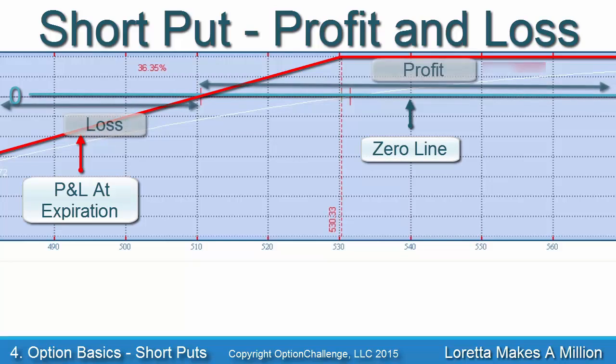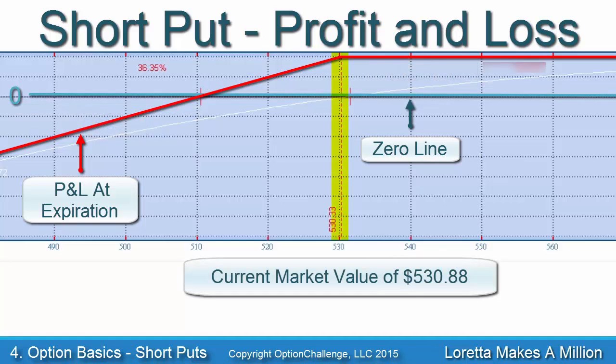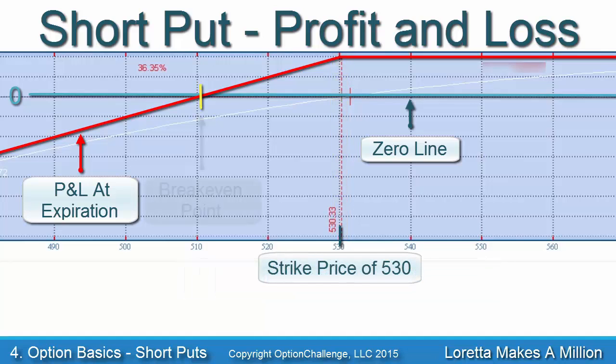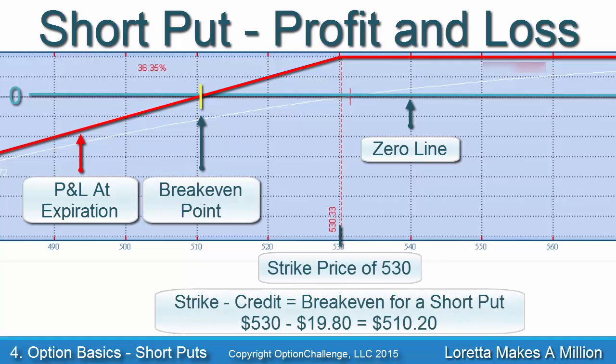Here is the zero line. Any point above the zero line is profit, and any point below the zero line is loss. The dashed red line represents the price that the stock is currently trading at. In this case, it is $530.88. Here is the strike price. Here is the break-even point. The break-even for a short put is the point that the stock needs to be greater than in order for us to make money at expiration.